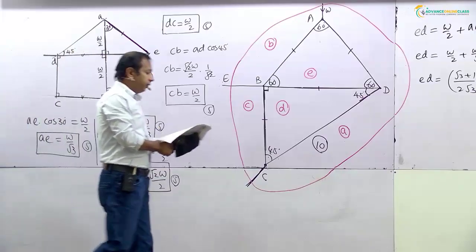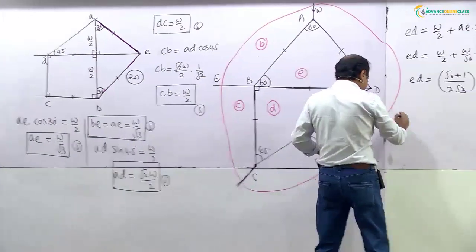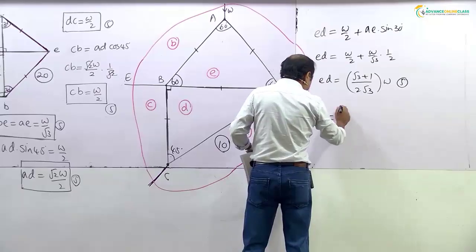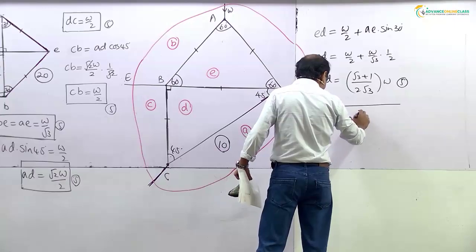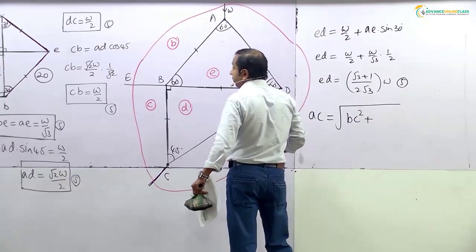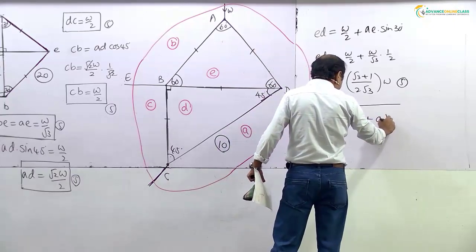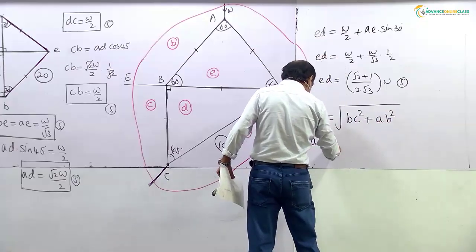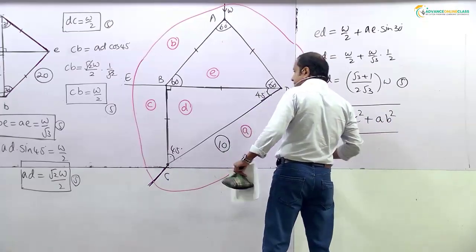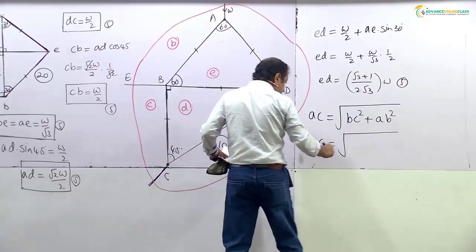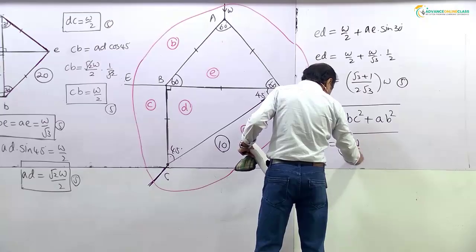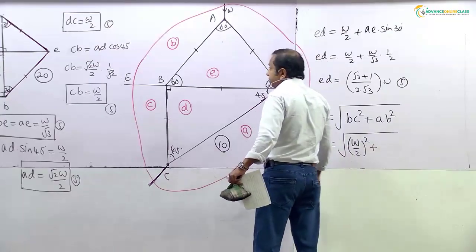AC is equal to the square root of BC squared plus AB squared. BC is W by 2, squared.